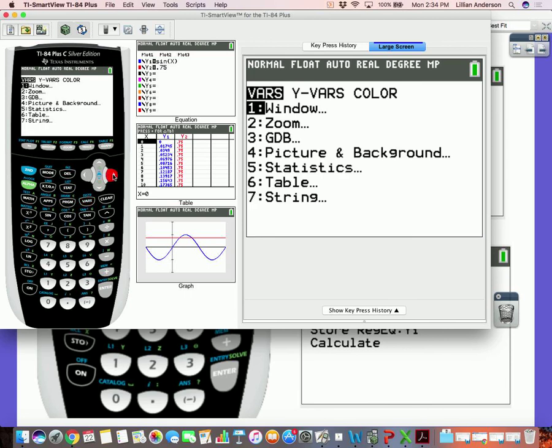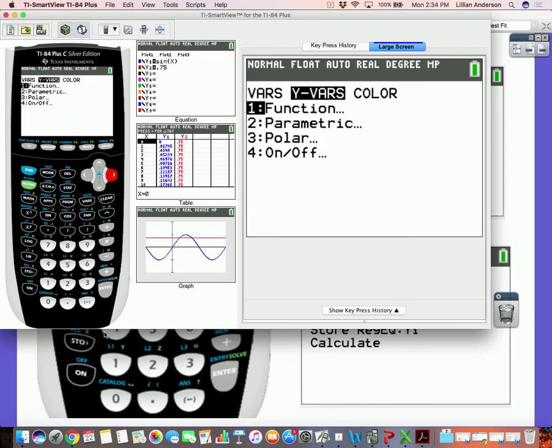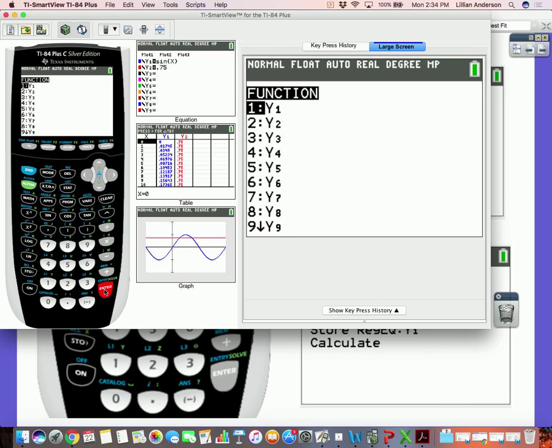Have we ever dealt with parametric polar at all? Ever? No. Never. We've only dealt with what type? Functions. So you go to functions, and there's Y1. Okay?